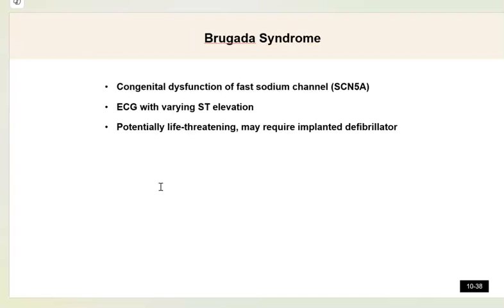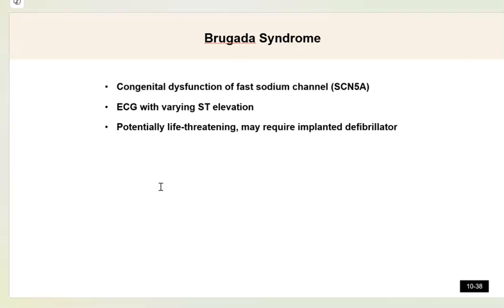All right, Brugada syndrome is one of the first diseases. It's caused by an inherited autosomal dominant mutation in the fast sodium channel gene. A potential clue to the presence of this syndrome is varying forms of ST elevation in the leads V1 through V3 on your EKG.